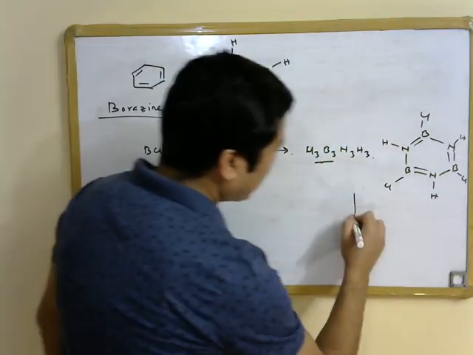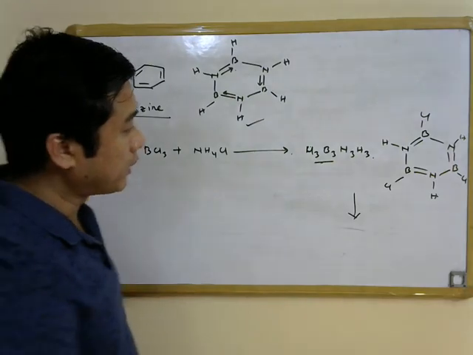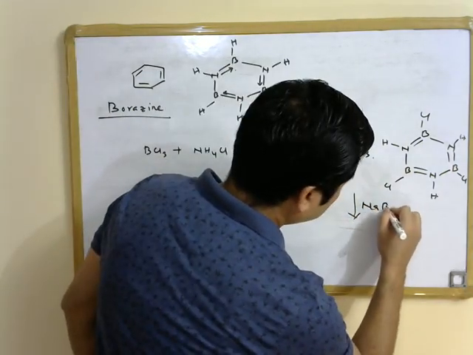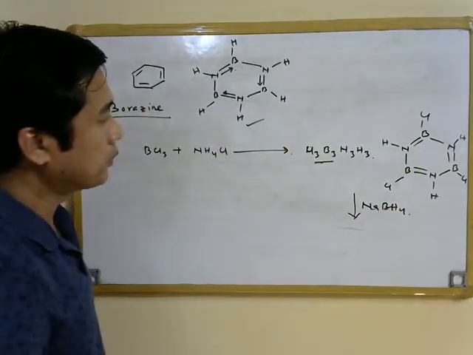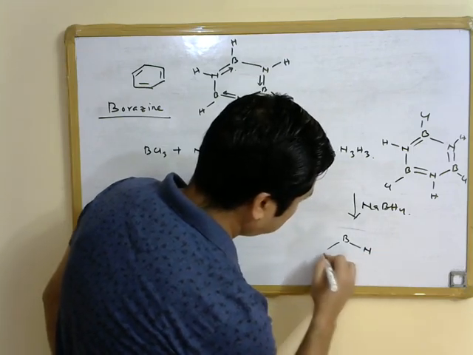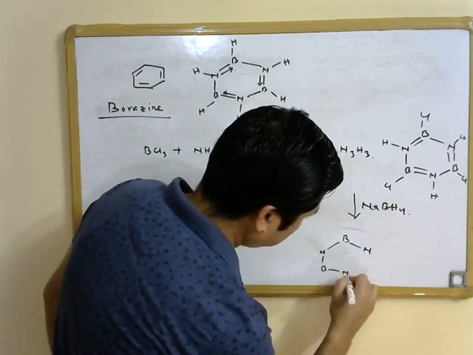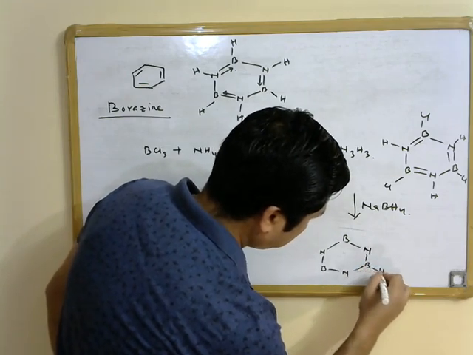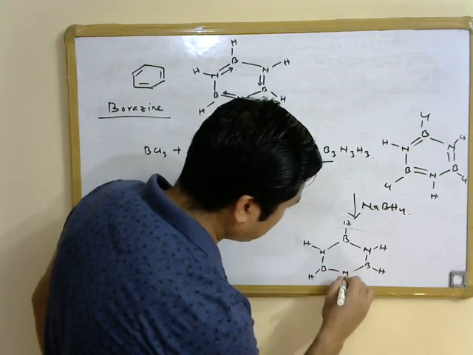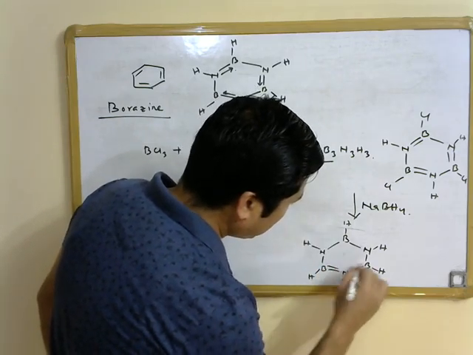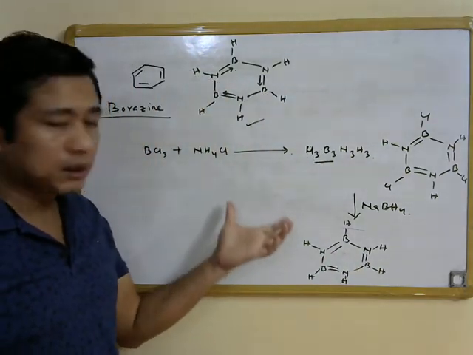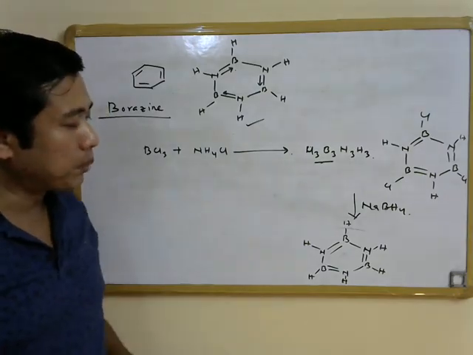One can replace the chlorines using a hydride donor, sodium borohydride, so that one obtains Borazine. In place of the chlorines, we substitute hydrogen atoms in this fashion. This method gives better yield.